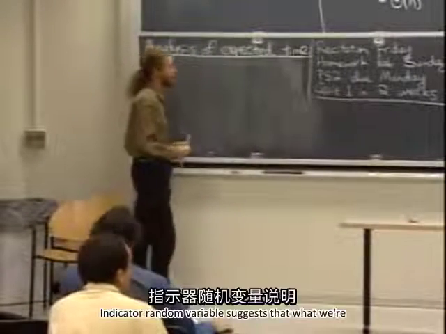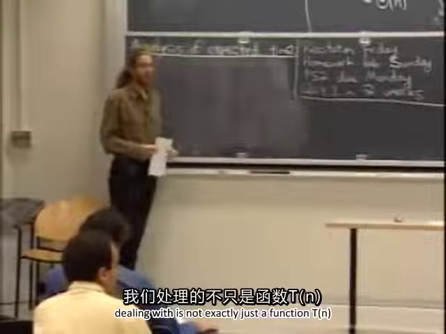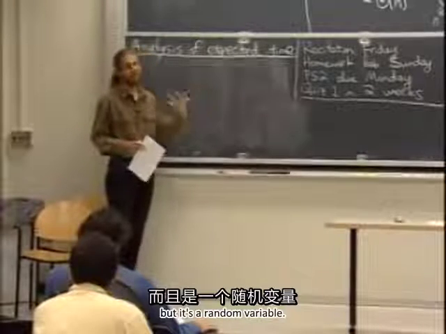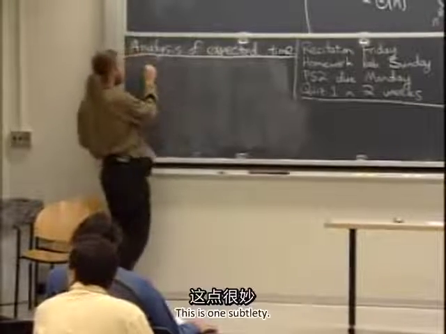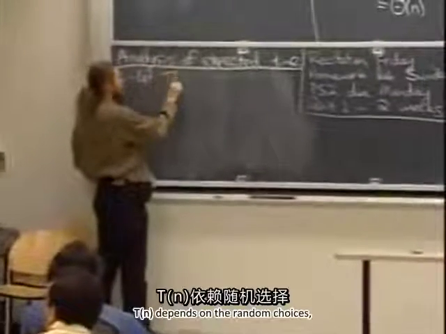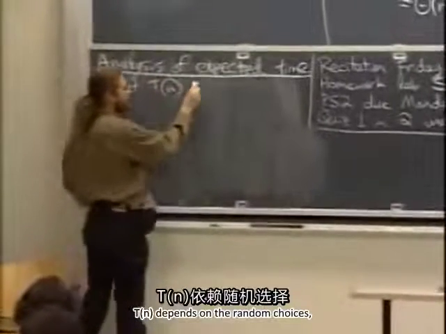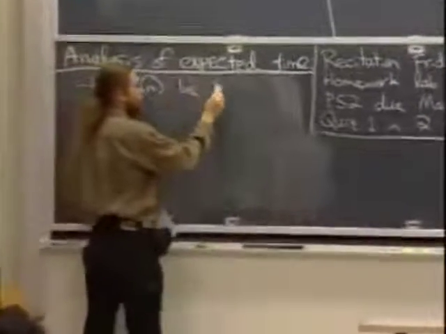Indicator random variables suggest that what we're dealing with is not exactly just a function T of n, but a random variable. So this is one subtlety. T of n depends on the random choices, so it's really a random variable.